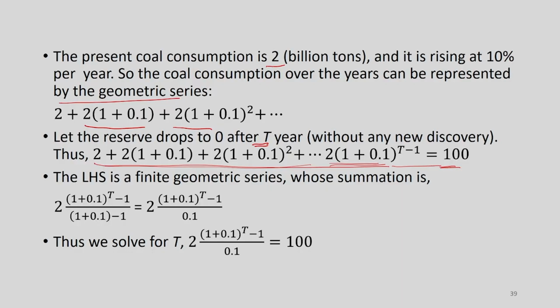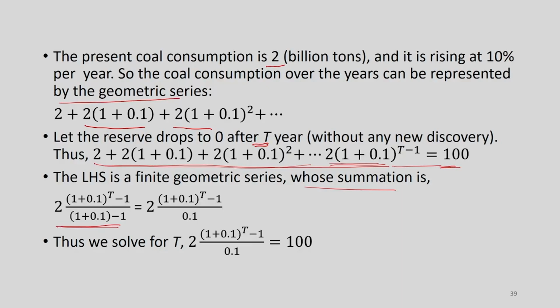Now, the left hand side is a finite geometric series whose summation is given by this: 2 multiplied by 1 plus 0.1 whole to the power t minus 1 divided by 1 plus 0.1 minus 1. This is the formula that we have discussed in the duration of the course, the summation of a finite geometric series.